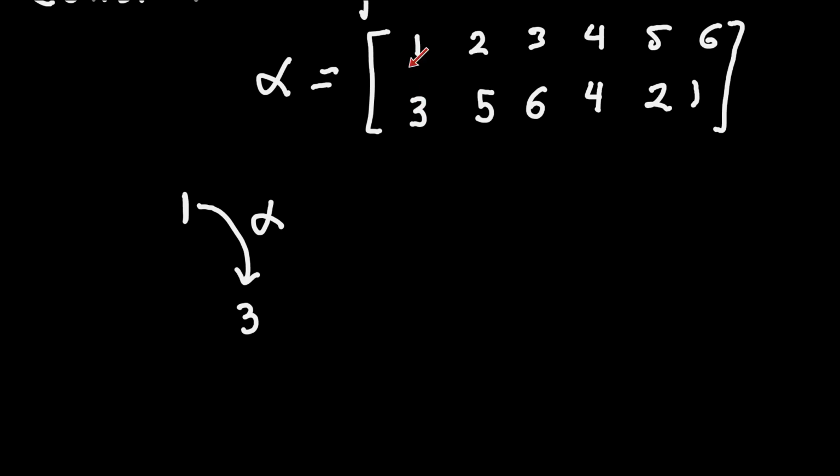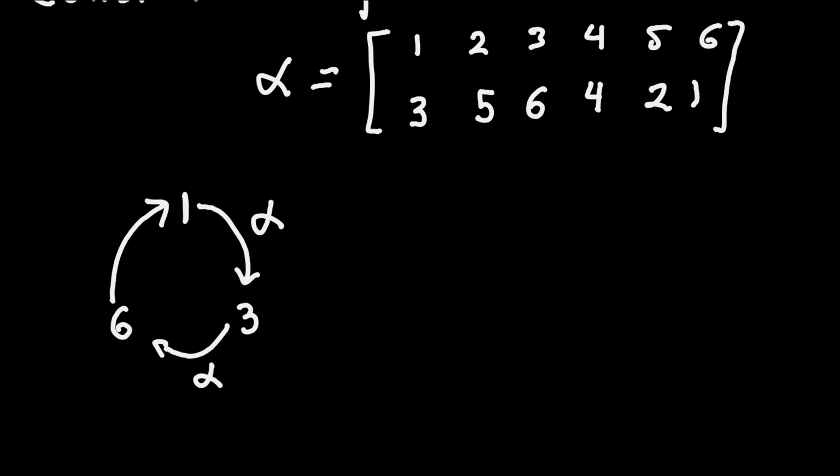According to the definition of alpha, alpha of 3 is going to be 6. So I put another arrow, in a cyclic way, using this notation. What I'm saying here is that alpha of 3 is equal to 6, which is here. Now I follow the chain. What happens with 6? Alpha of 6 is 1, so this goes back to the same number 1.